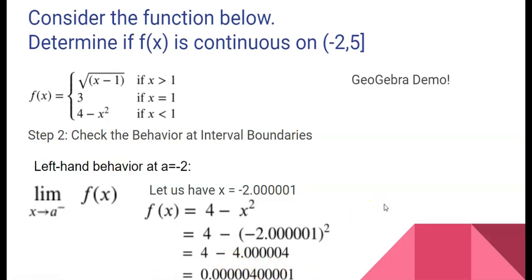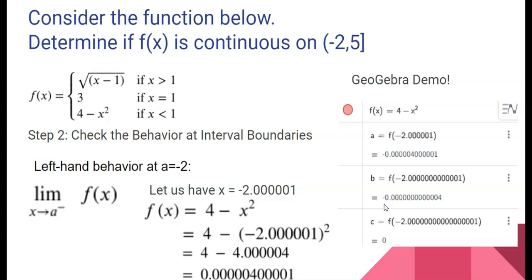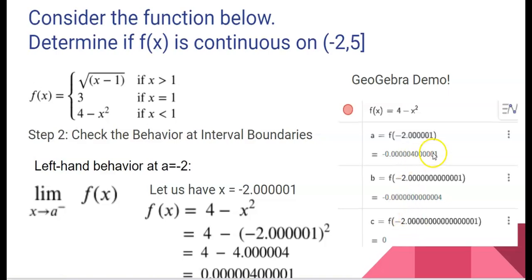So, GeoGebra time. So we are going to input x values that are very close to negative 2 and at the left of negative 2, meaning less than negative 2. So we have the x value negative 2.0001 and then this is the y value.